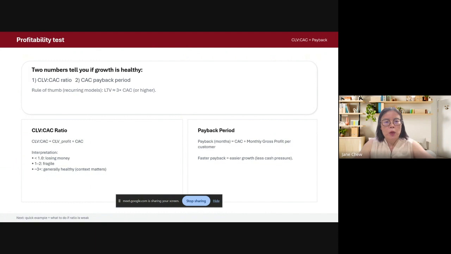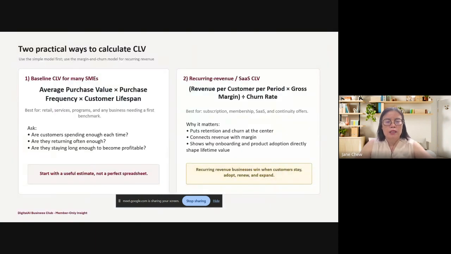So once you have calculated that, this is the bigger one. Customer lifetime value is what I mentioned just now. You can use the average product value, multiplied by purchase frequency and also the customer lifespan, and that gives you the customer lifetime value.